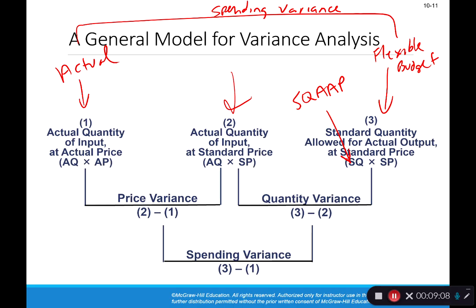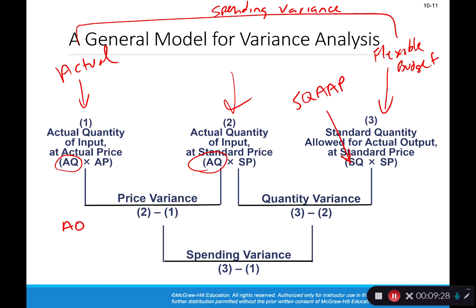I said if I get excited, I might give you the algebra. I don't like the algebra, but it's easy to figure out what the algebraic equation would be. All you have to do is look at what's the same between the two columns. Between column 1 and column 2, it's the quantities that are the same.